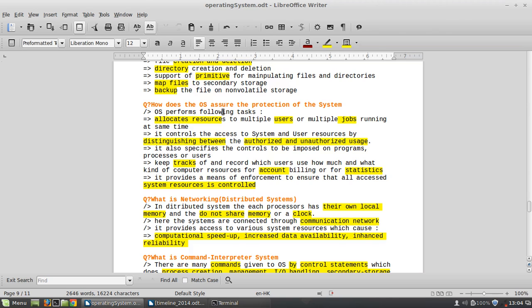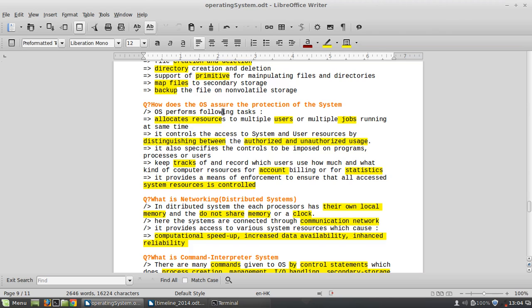It also controls the access to the system and user resources by distinguishing between authorized and unauthorized users. So it distinguishes who is using the system resources and what kind of resources he is using.